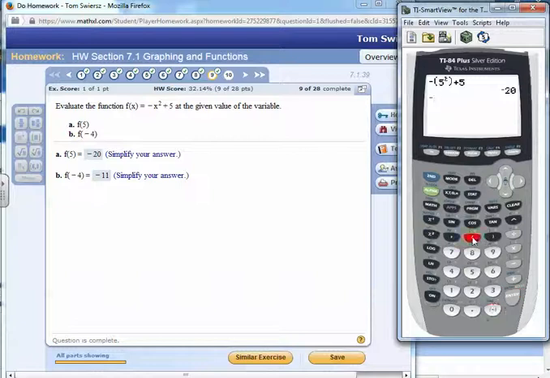Now here you got to put a parentheses around the base, negative 4, so you need to put negative 4 in parentheses and square the outside because the base is a negative 4, and you also have the opposite sign. Plus 5, so you got to be careful on this one on the calculator. You need the negative 4, and you also need the opposite right there. And then enter, and there's our negative 11. So if you're careful, you can do it on the calculator, and you'll get the right answer. All right, very good.